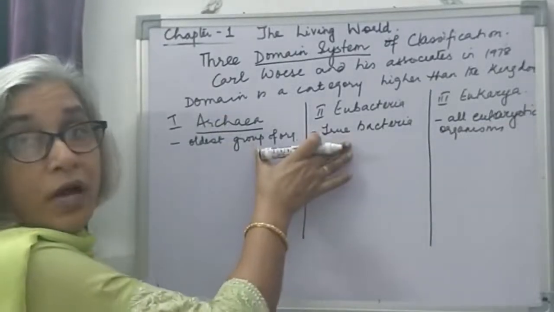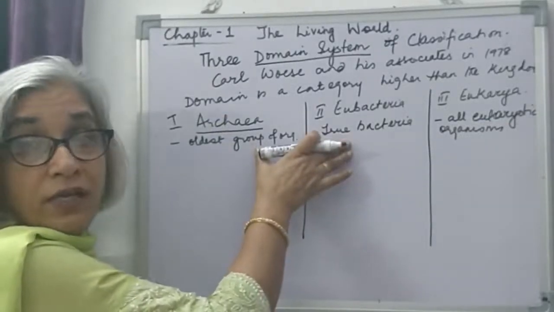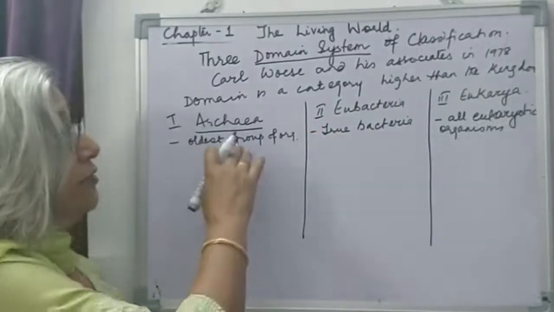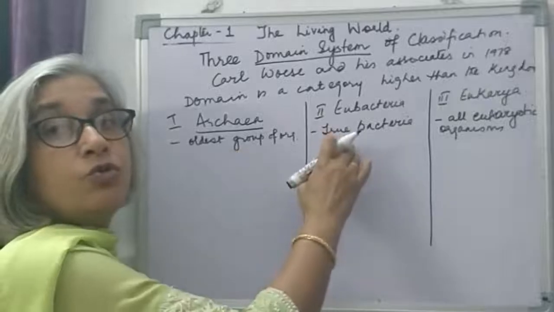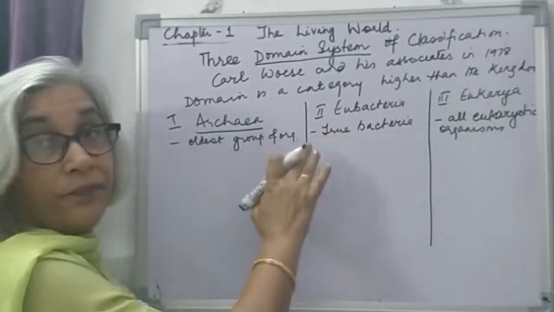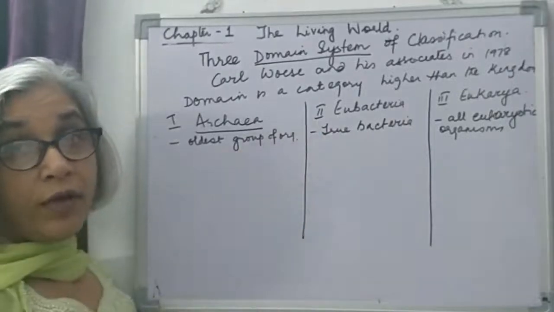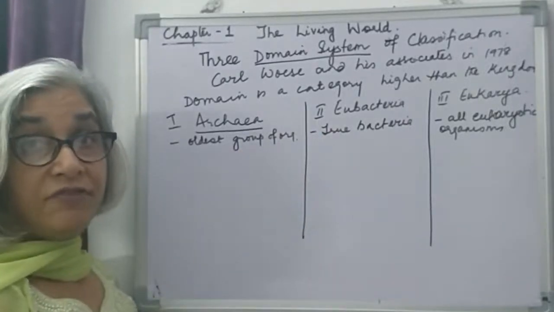These two, archaea and eubacteria, do not have a true nucleus. They are prokaryotic. These are the very primitive forms. They are different from each other. Though they are prokaryotic, there is a major difference.